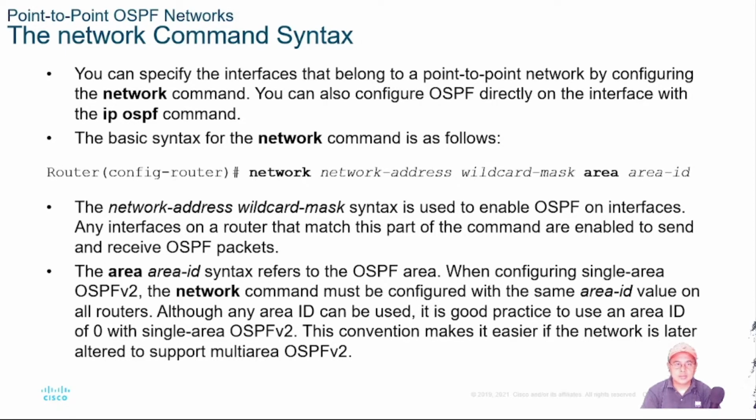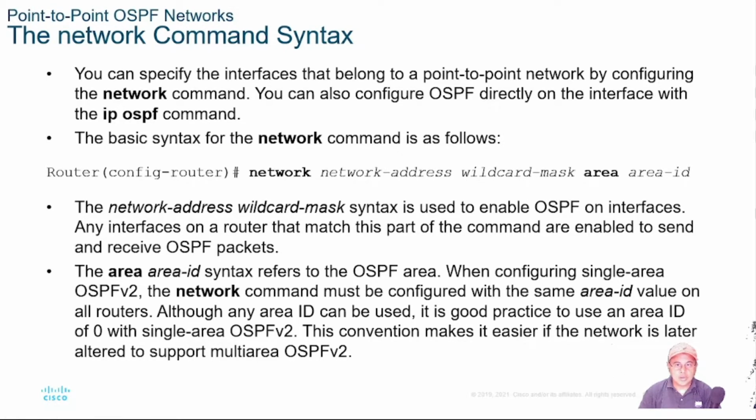that will be participating in the network. So let us consider first the network command. This is the syntax. In router configuration mode, the network command, and then we will use the network address in consideration, and then the wildcard mask.